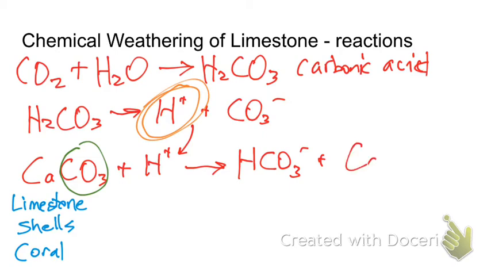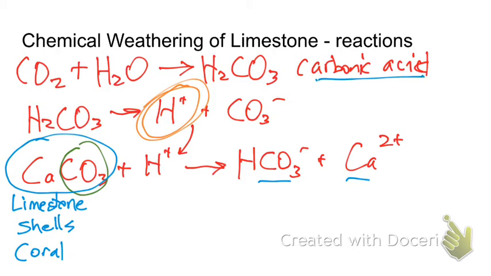And then you have this calcium ion out by itself. So essentially what you can see that has happened is the calcium carbonate has been broken apart. You had this, and now it broke it up into this. That's dissolving limestone. That's carbonic acid dissolving the limestone. Okay?